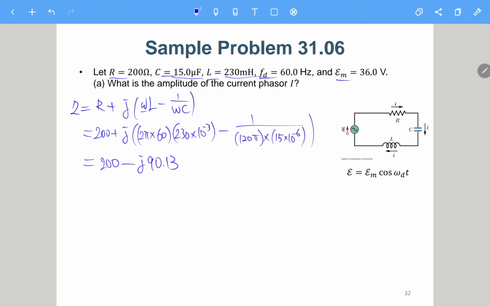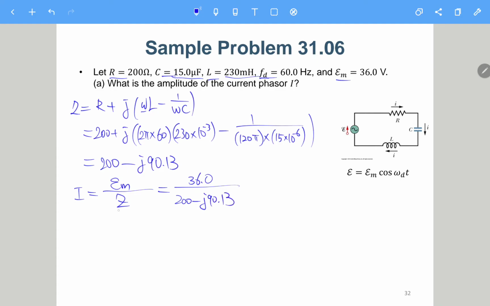Then we can calculate I to be E_m over Z, which is actually 36.0 over 200 minus j 90.13.